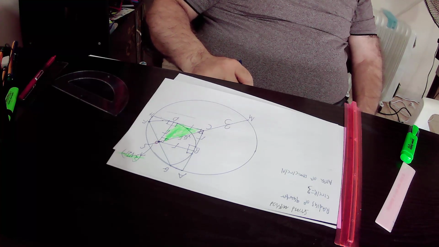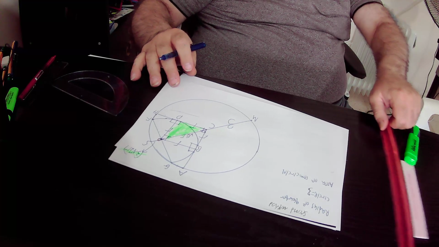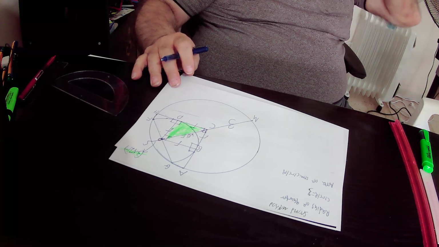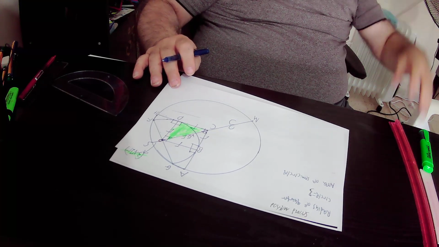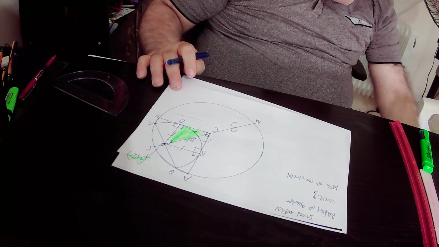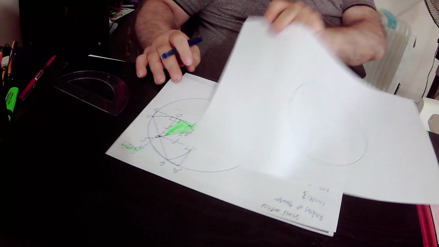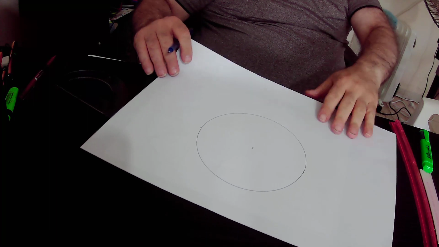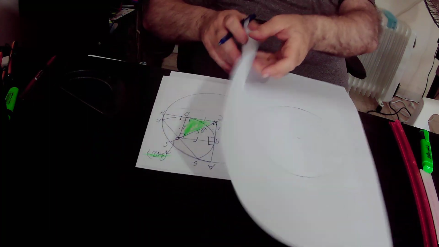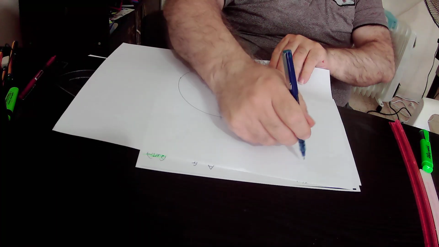In the next step, I will present to you a new rule that is related to two chords that intersect with each other inside a circle. So here, this will be rule number 3.